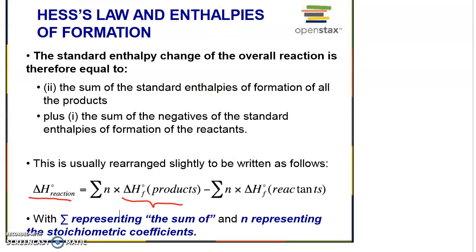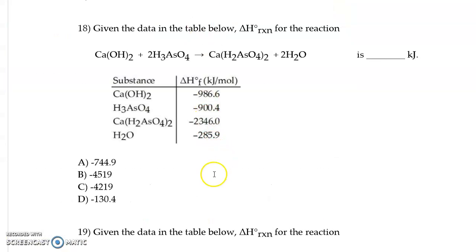Okay, let's work on some examples. All right, let's look at over here. I'm working on number 18 now. Given the data in the table below, these are given. What is given? Each of the reactants and each of the products. The enthalpy of formation is given.